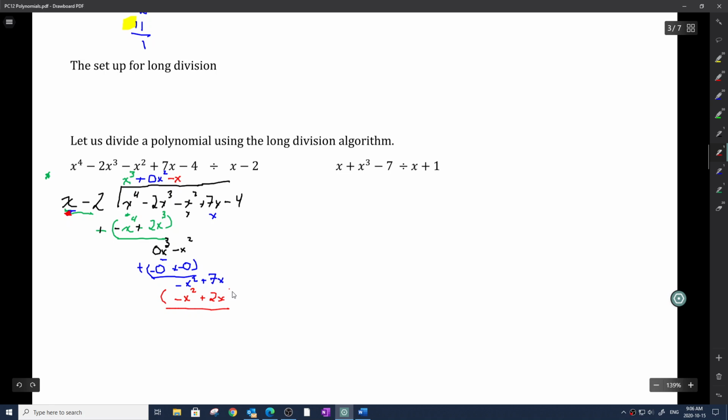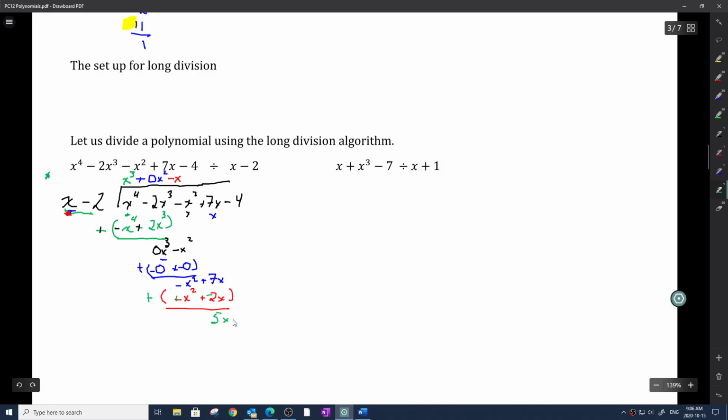So now, I'm terrible at subtracting. I need to subtract this, but I'm terrible at it. So what I'm going to do is I'm going to add the negative. Negative x squared plus x squared is 0. 7x minus 2x is 5x.